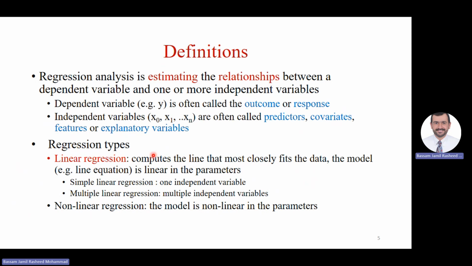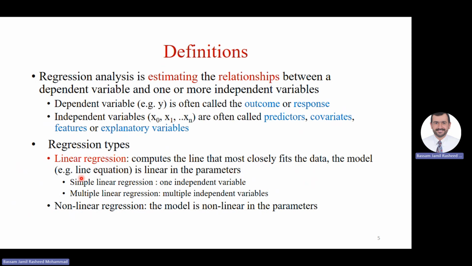Regression analysis has different types. The important ones are linear regression and nonlinear regression. Linear regression computes the line that most closely fits the data, and the model is really linear in its parameters.